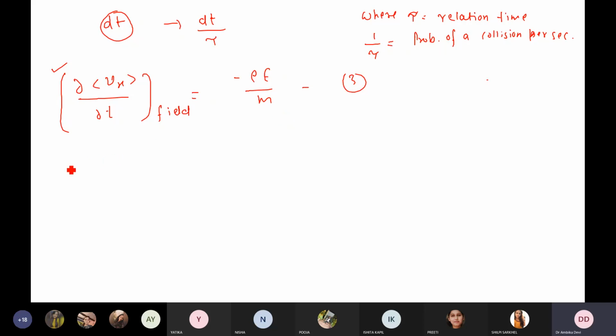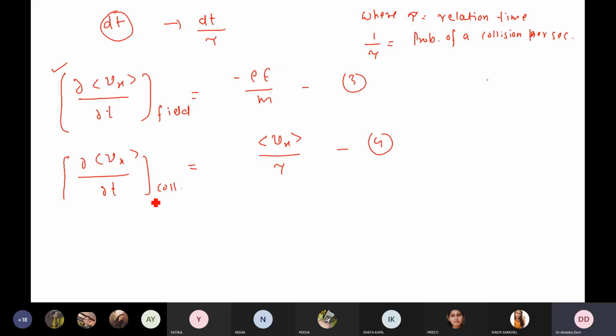So the rate of change of velocity with respect to time due to the collisions is equal to the average velocity of the electrons per unit relaxation time, or velocity multiplied by the probability of collisions. Let us say this is equation number 4, where tau is the relaxation time.